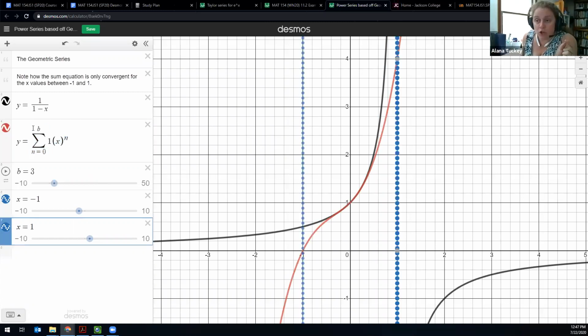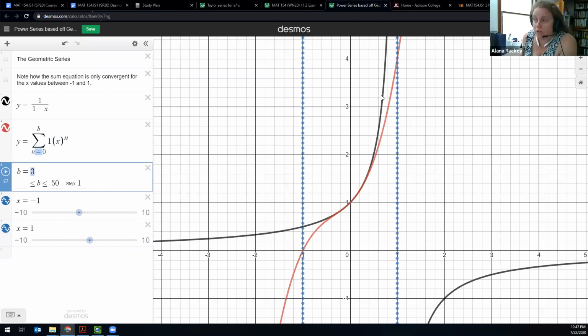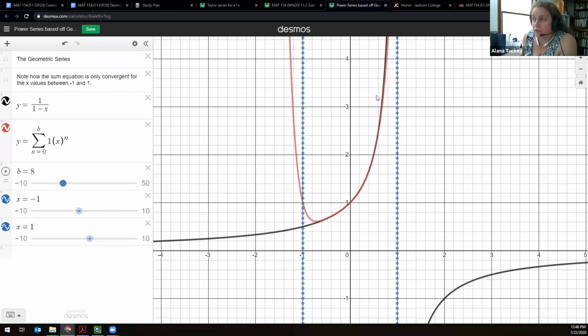The more terms I include in that series, because currently I'm only including 3, that's why there's this huge gap here. But if I change it to 7, 8, there's a tiny, tiny gap. And if I let it go to infinity, they will be completely on top of each other from this line until this line. And those 2 lines, that's the interval of convergence from -1 to 1.